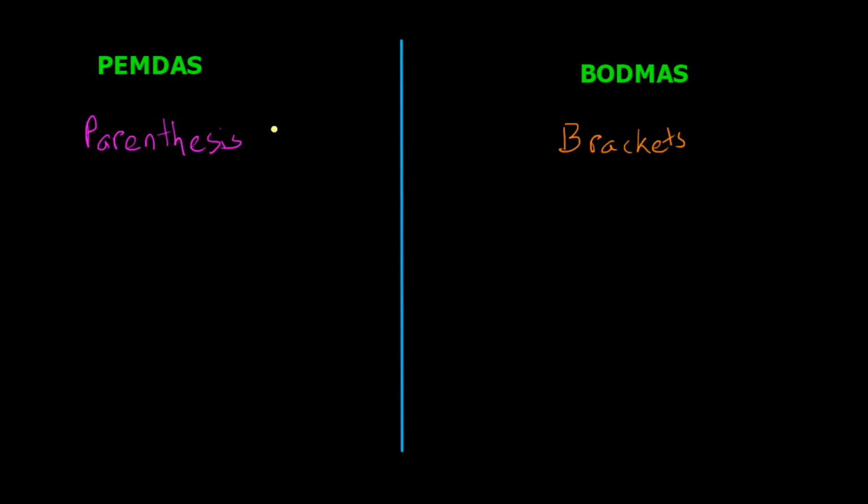The parenthesis or brackets, this means the first bracket, second bracket, and third bracket. So I would say they're the same thing. Now the next one, in PEMDAS, E is for exponents, and in BODMAS, O stands for "of", but for our case we'll take it as order.